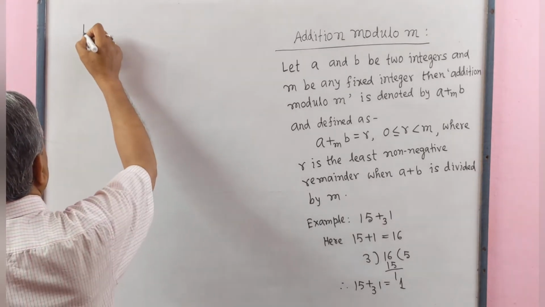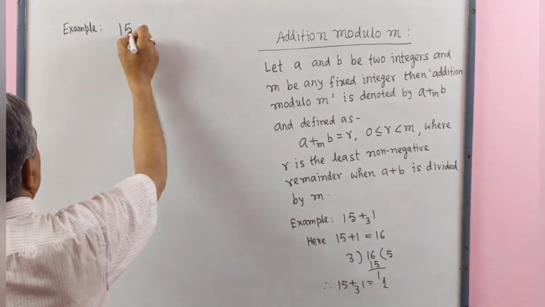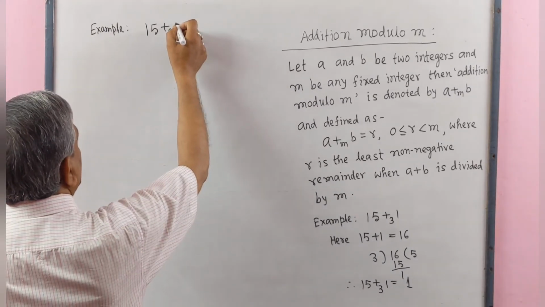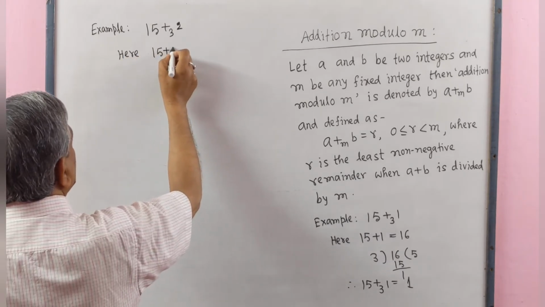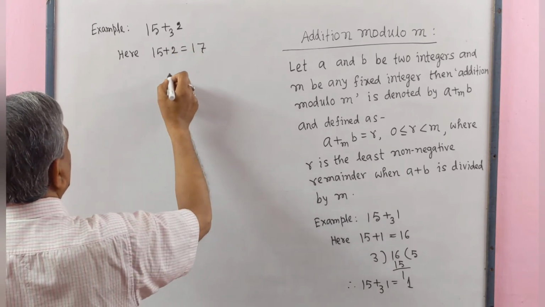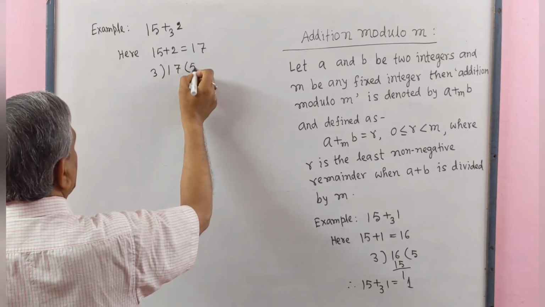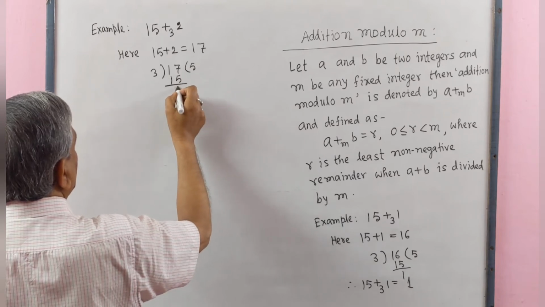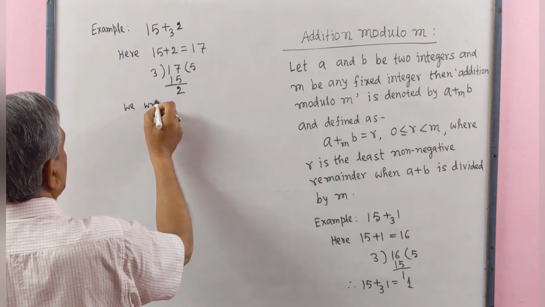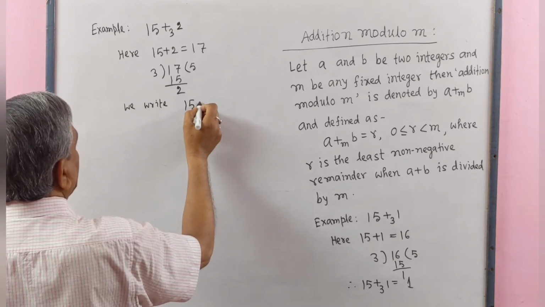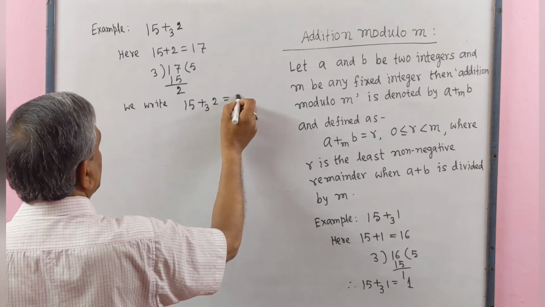Again, 15 addition modulo 3 2. Here 15 plus 2 equal to 17, and if we divide 17 by 3, remainder is 2, and we write 15 addition modulo 3 2 equal to 2.